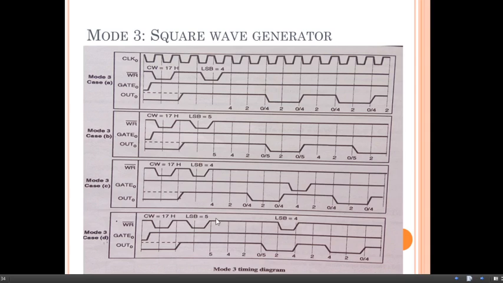But for an odd value, what happens is the counter starts counting from 5 to 4, and now 4 is an even number, so again it will be decremented 4, 2, 0, again 5, 2, 0, again 5, 4, 2, 0, 5, 2, 0, and so on. So this is the case for an odd value of the count.